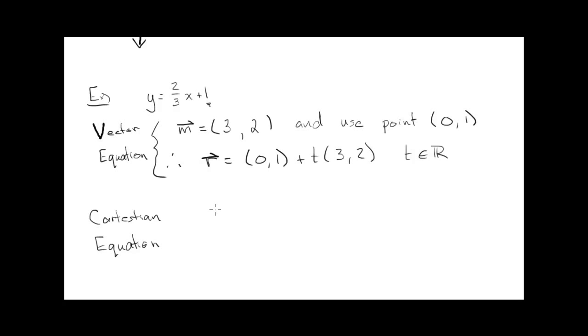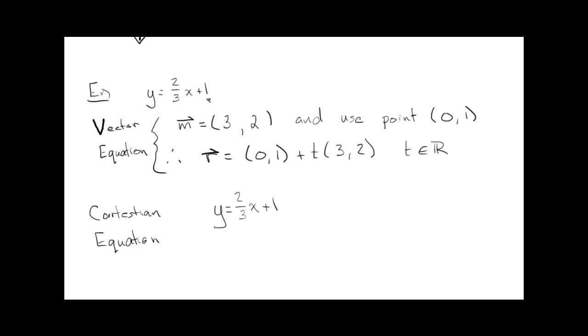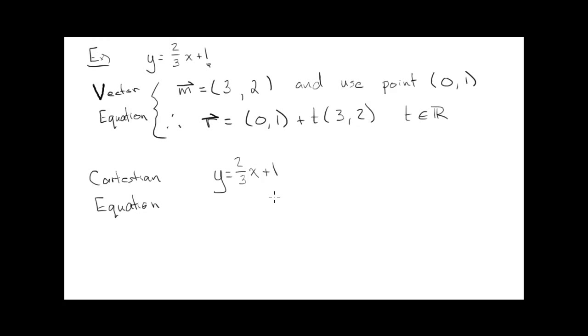So just take y equals 2 over 3x plus 1. Then how do I get that into standard form, or the Cartesian equation? Well, if you remember, you need to first get rid of all the denominators, or all fractions. So we'll multiply each term by 3.